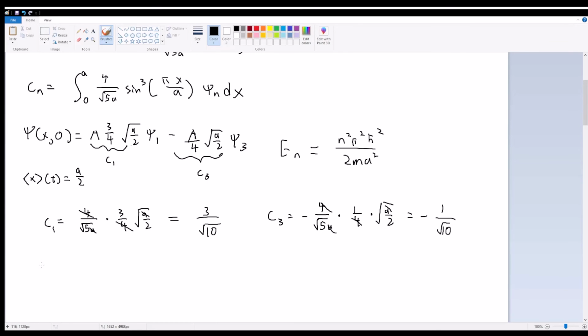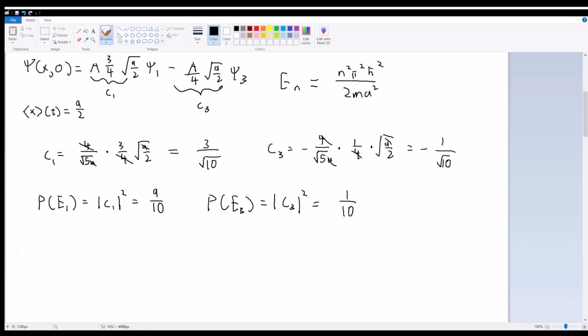So we get that the probability of being in E1 is equal to magnitude C1 squared, which is going to be 9 out of 10, and the probability of being in E3 is going to be magnitude C3 squared, which is going to be 1 over 10.